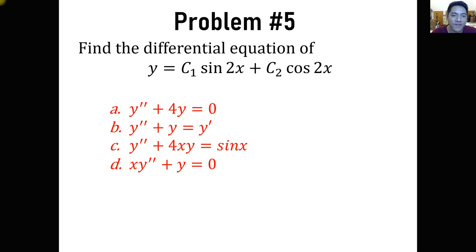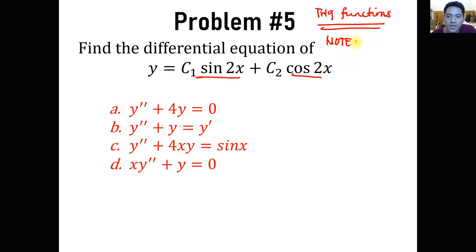So, for problem 5, we have to find the differential equation of y equals c sub 1 sine 2x plus c sub 2 cosine 2x. So, note that we already have trig functions. If trig functions are involved, take note that we should be in radian mode.